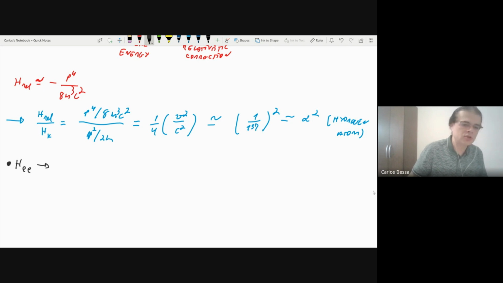So these other terms are the interaction when you have two electrons. These terms describe electron couplings.